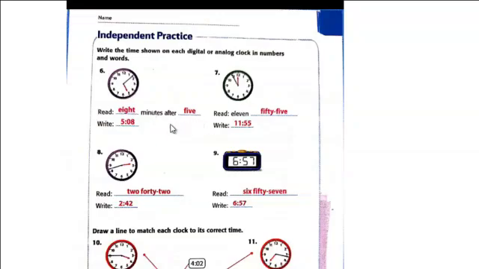After what? Here the short hand is at what? 5. So write here 5. When you write this, first you put the colon or 2 dots and write here the hour. The hour here was 5, so write here 5. And the minutes here were 8, so write here 8.